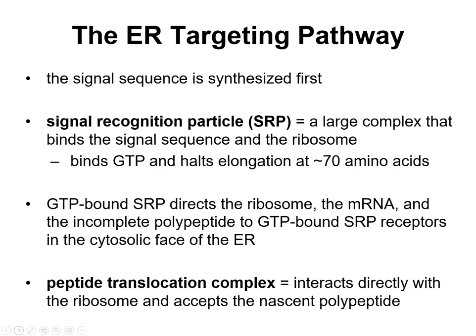And it will redirect the ribosome and the mRNA and the incomplete polypeptide to a receptor, the SRP receptor, that's on the cytosolic face of the ER. That receptor is also bound to GTP. This is called the peptide translocation complex, which interacts with the ribosome and accepts that newly forming polypeptide.